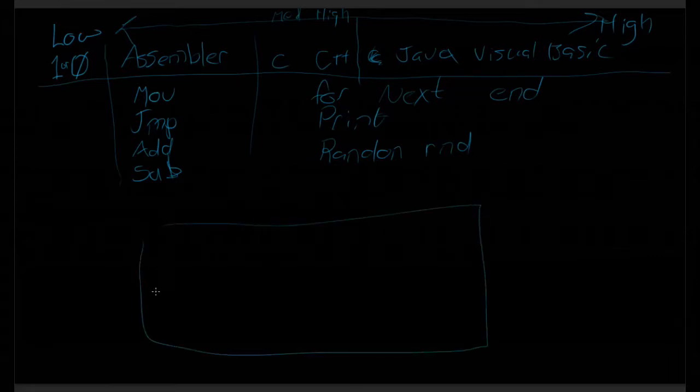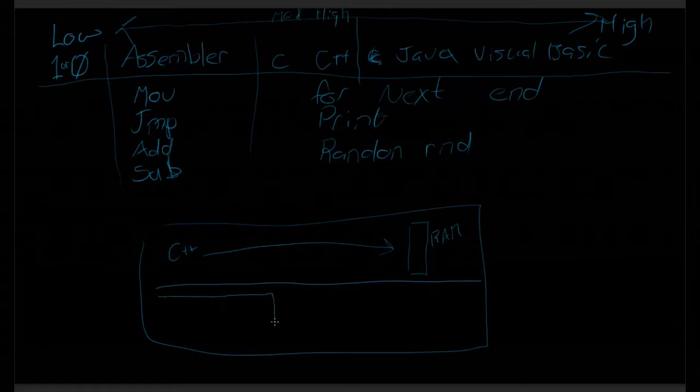So if you look at it this way, this, for example, is your OS. Now, if you're looking at C++, we're going to divide this in half. With C++, I can access memory directly. Let's just say this is memory, RAM. I can access the RAM directly. However, with Java, you're running in a Java virtual machine, the JVM, and over here's your RAM.